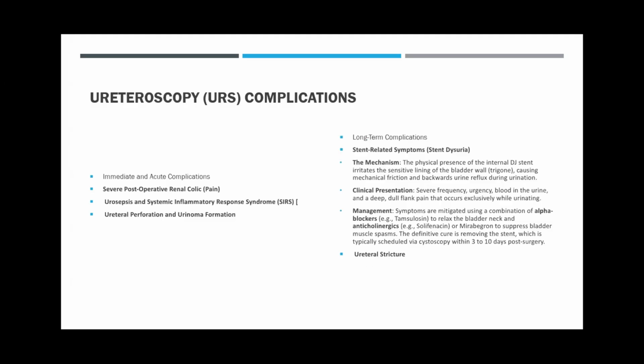And regarding URS, which is ureteroscopy, complications can be immediate and long-term. In immediate complications, we spoke about pain management, and they can also have sepsis, and they can have ureter injury with perforation and urinoma formation.